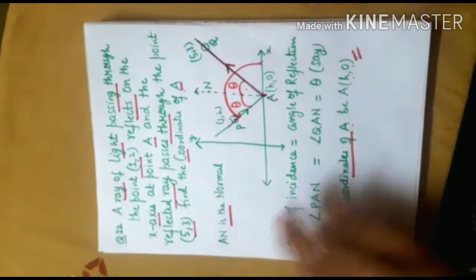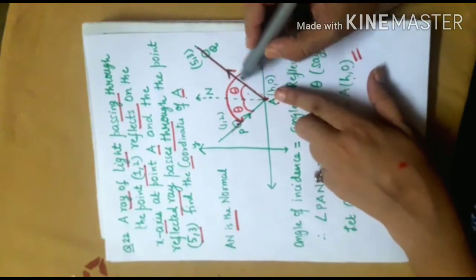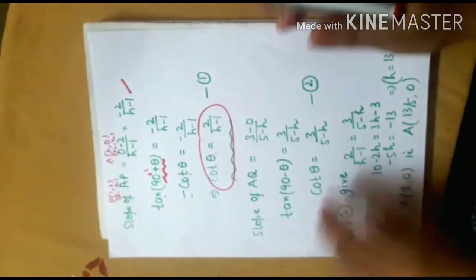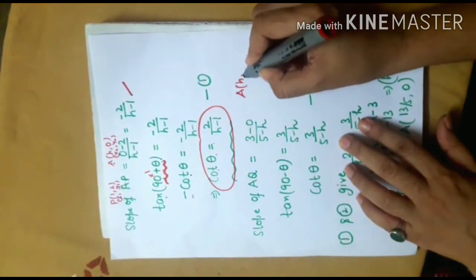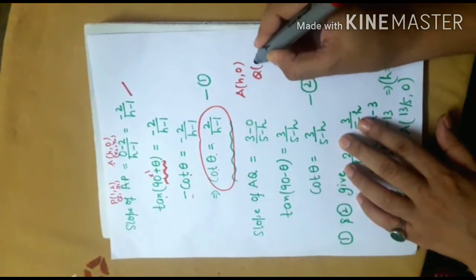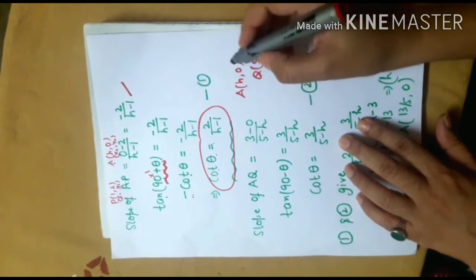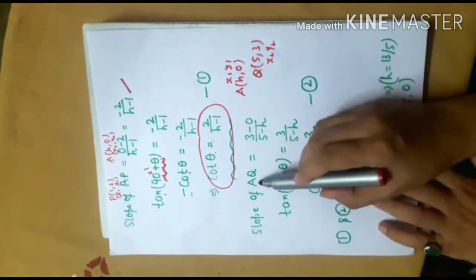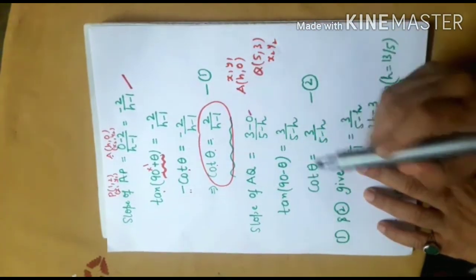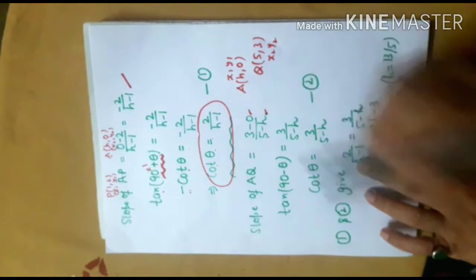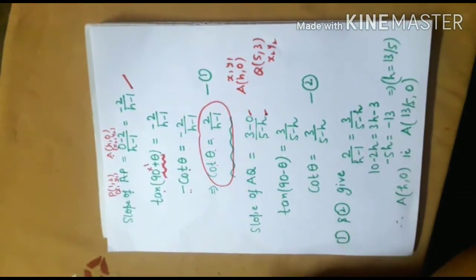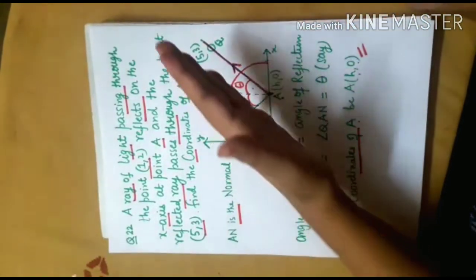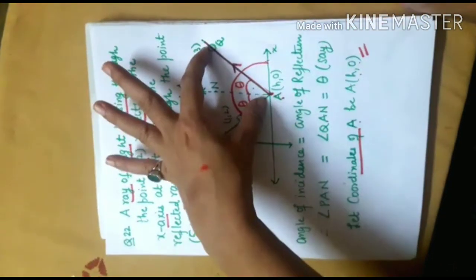Now in a similar manner, I'll find out the slope of AQ. A is (h, 0), Q is (5, 3). So this is x1, y1, this is x2, y2. So slope will be (3 minus 0) over (5 minus h), right? Now if I ask you, what is the angle of inclination of AQ?